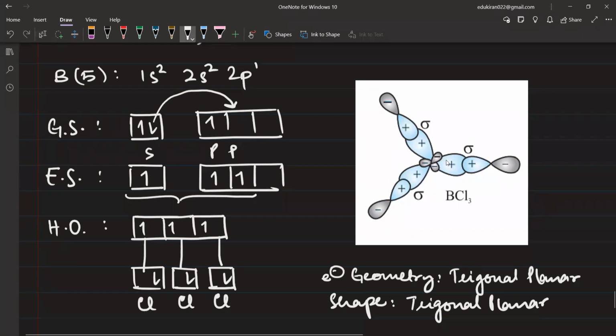And also, all the overlapping will be with the same sign. Positive will always overlap.